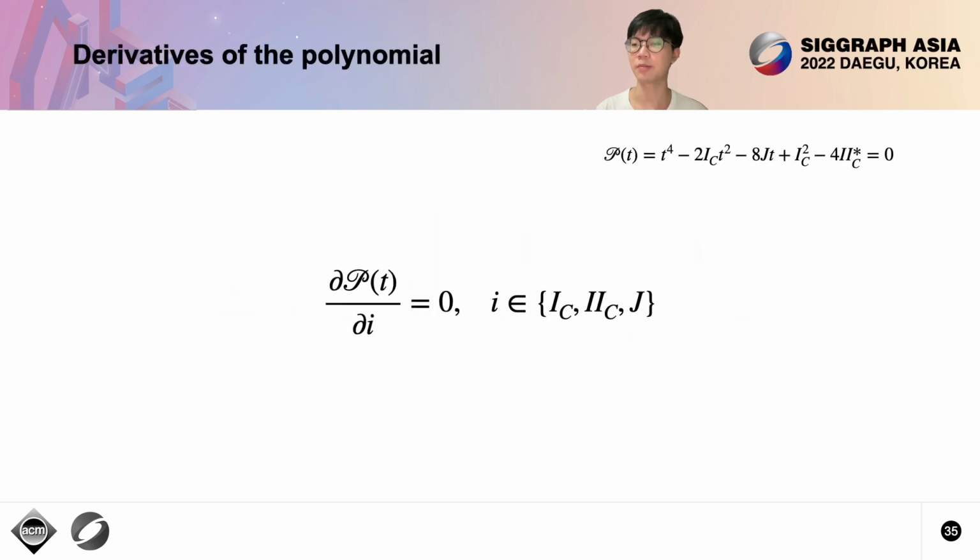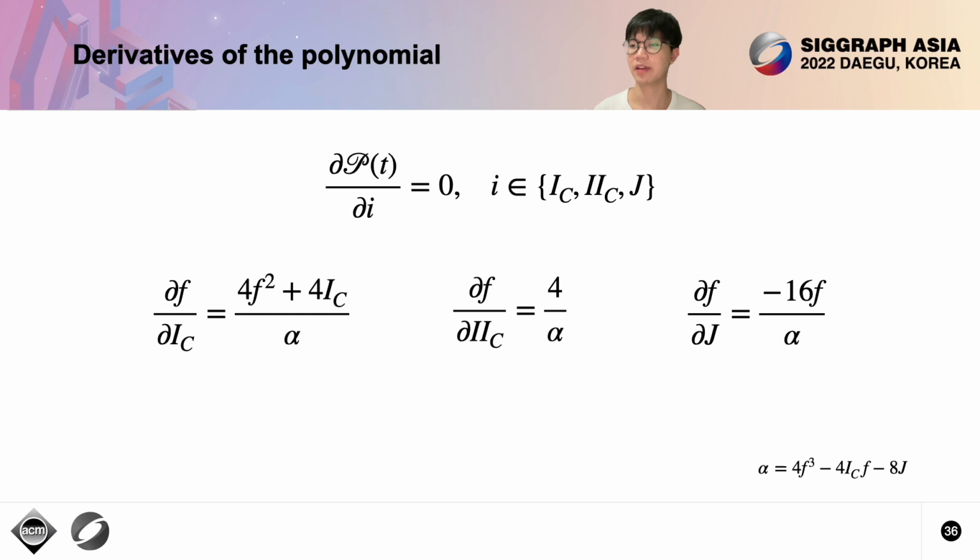By noting the polynomial is always equal to 0, regardless of the values of the Cauchy-Green invariants, we can take the partial derivative of both sides of the equation with respect to this invariant, and solve it by rearranging the terms to get the analytic solutions. Now we have the derivatives. F in the expression is one root of the polynomial. Also, a similar process can be done to calculate the Hessian.